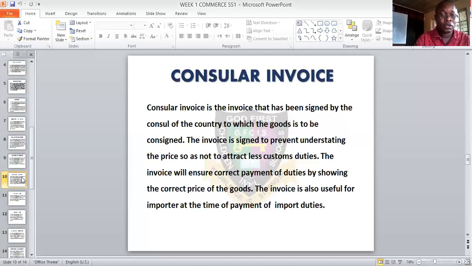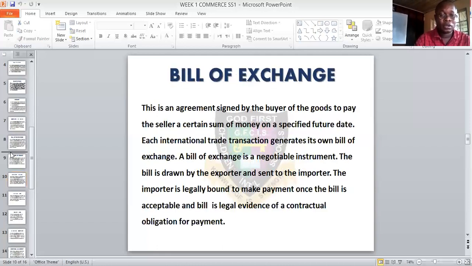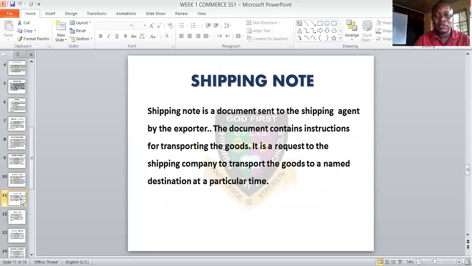Then the next one is the shipping note. A shipping note is one of the documents sent to the shipping agent by the exporter.